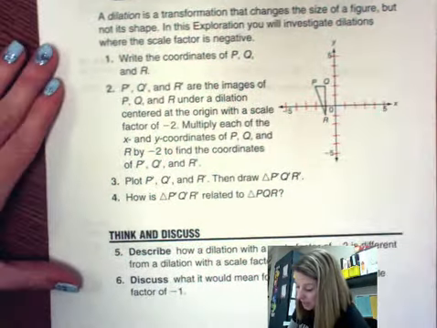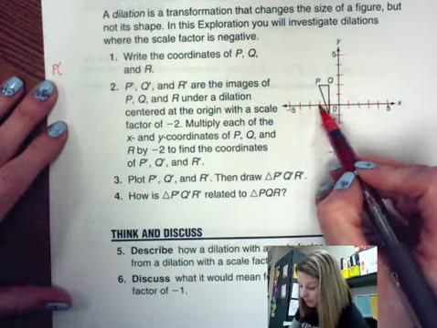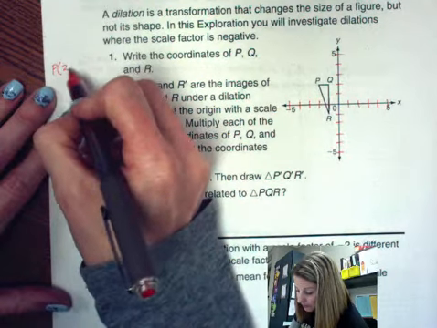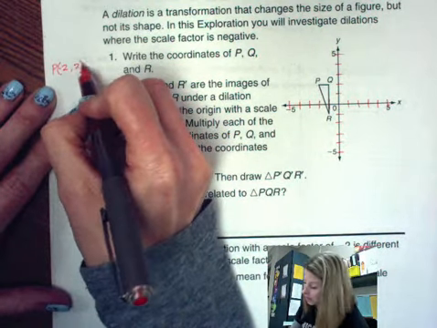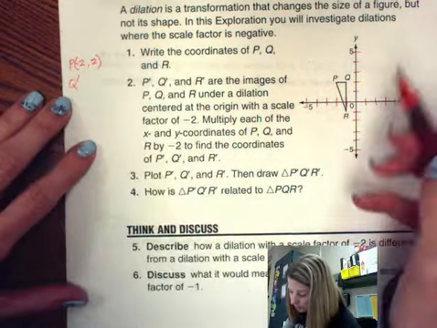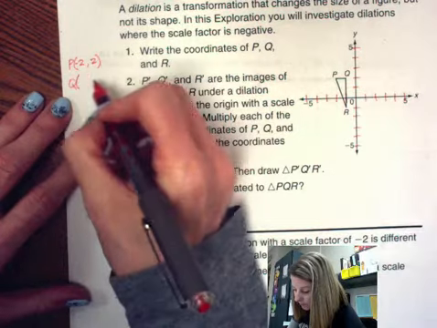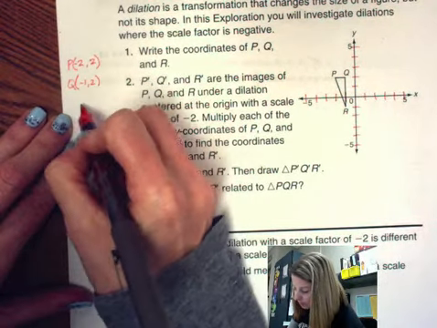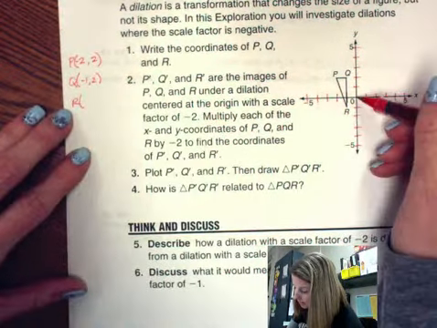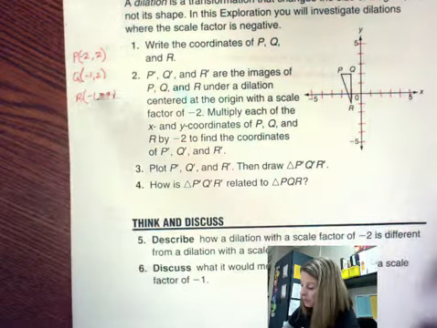So P is at -2, +2. Q is at -1, 2, and R looks like it's at -1, -1. Okay, so those are the coordinates of those three.